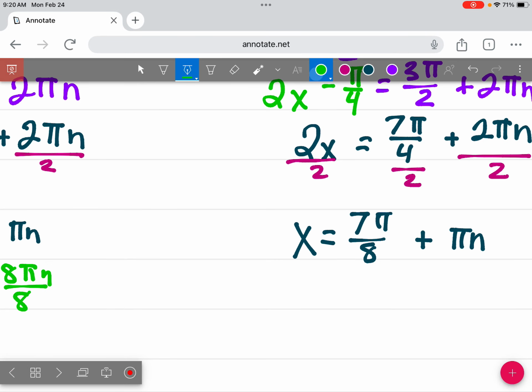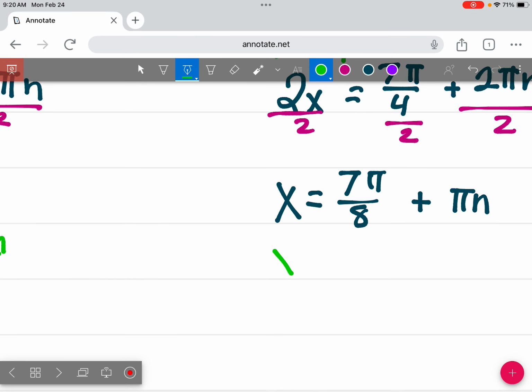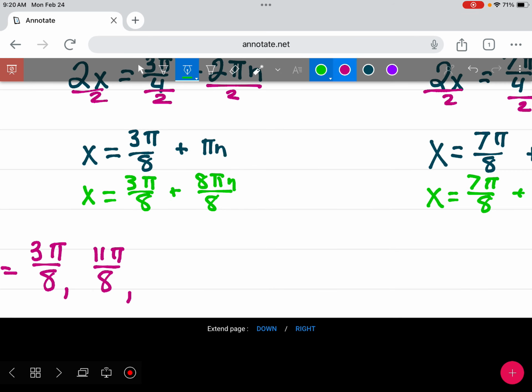And again, if it helps, you can rewrite it with your common denominators: plus 8 pi n over 8. You don't have to, and I genuinely do not care if you write that step or not, but for some of us, it makes the mental math way easier and is really helpful for writing it out. Because our other options for our angle are going to be what? 7 pi over 8 and 15 pi over 8.